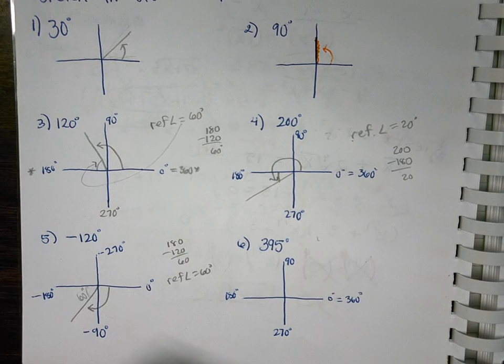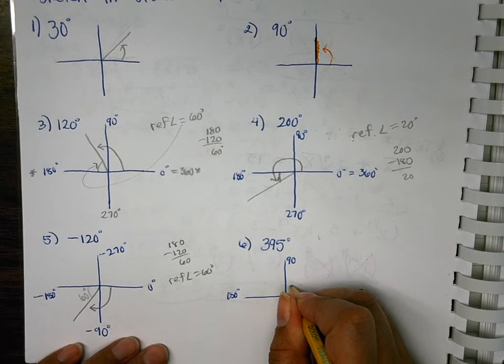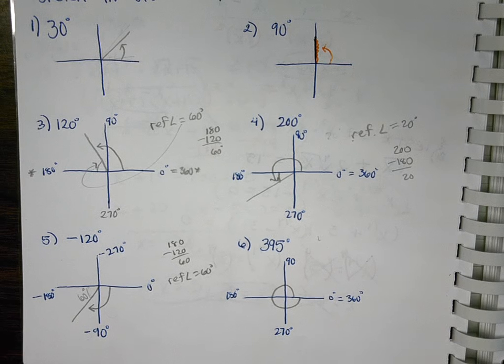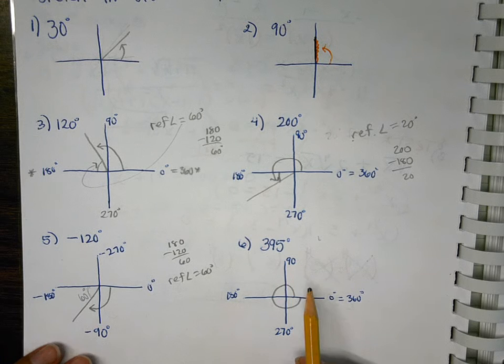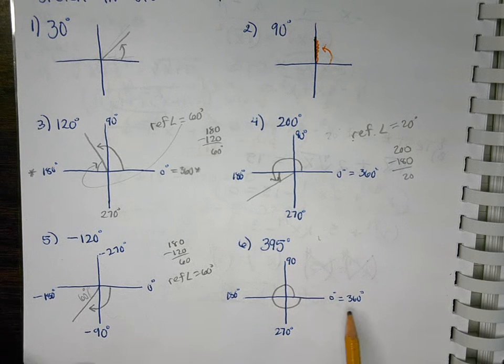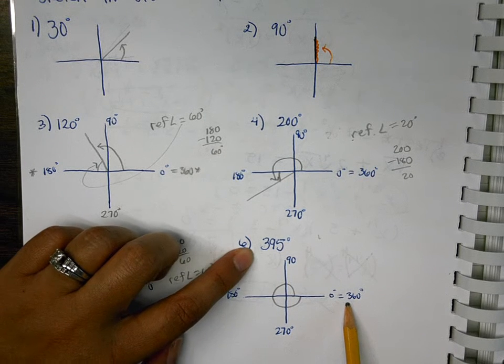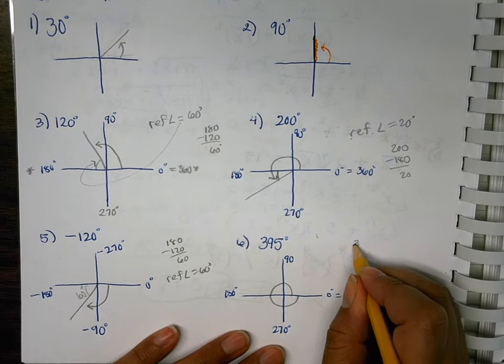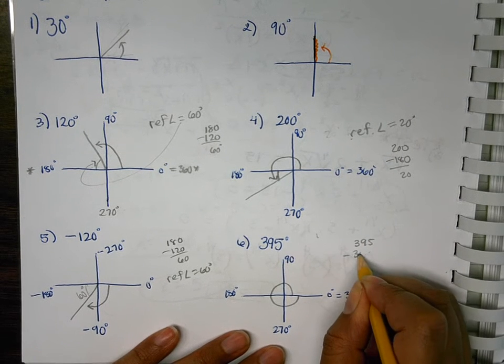All right, 395. Do you agree I'm going to do this all the way around one time? Yeah. Going all the way around gives me what? 360. If I'm going past and I need to know how far past, what do I do with the 360 and the 395? Subtract. 395, take away 360.